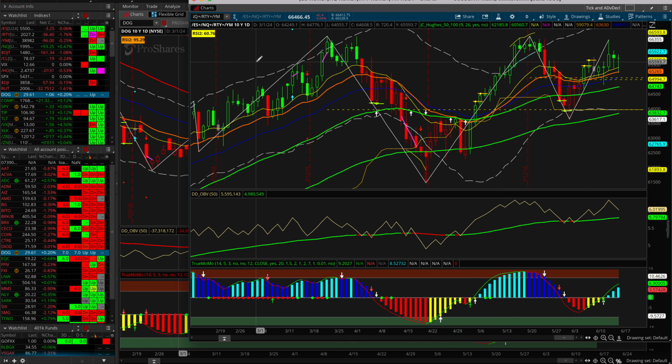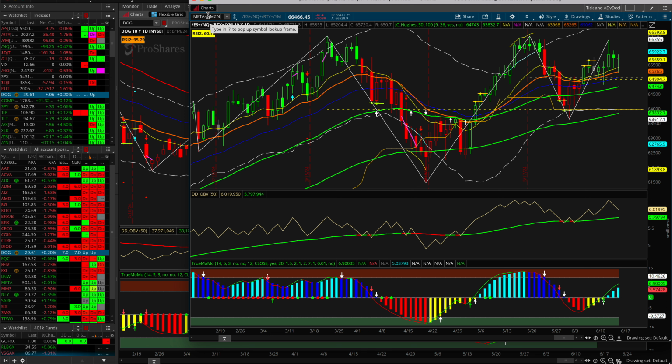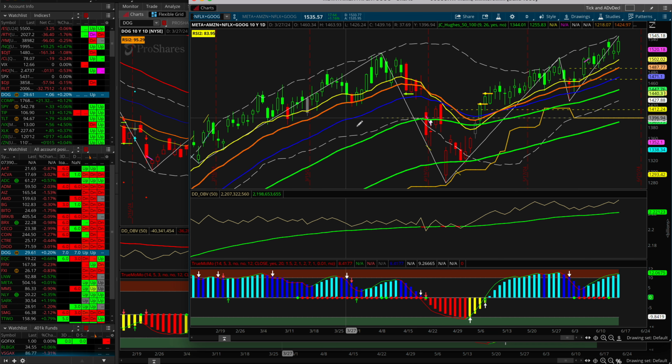You could add Facebook, Amazon, Netflix, and Google, and get what FANG is doing. In fact, let's do that. Meta plus AMZN plus NFLX, Facebook, Amazon, Netflix, and Google, GOOG, and look at that. So that's actually a pretty cool chart to look at.